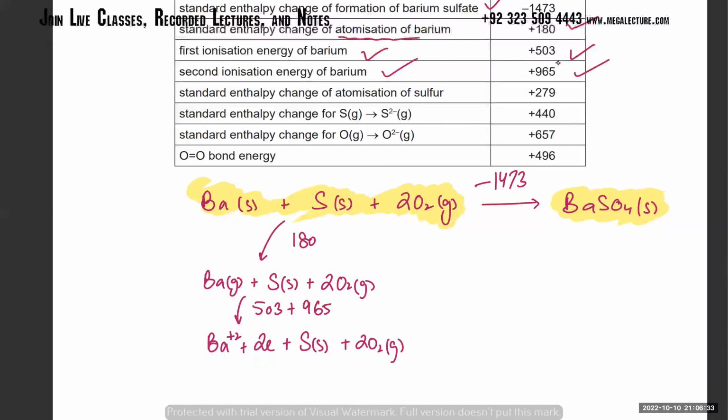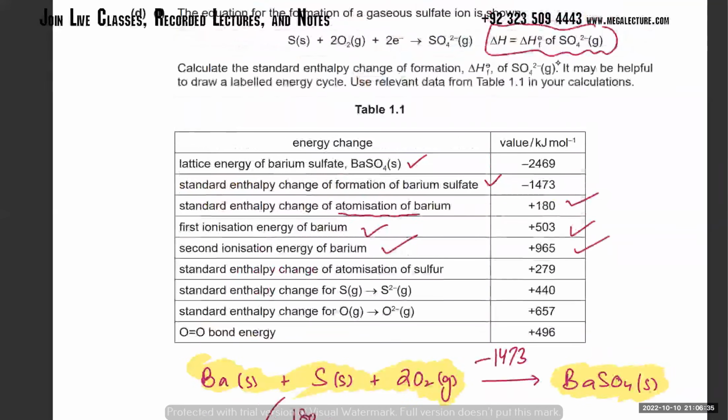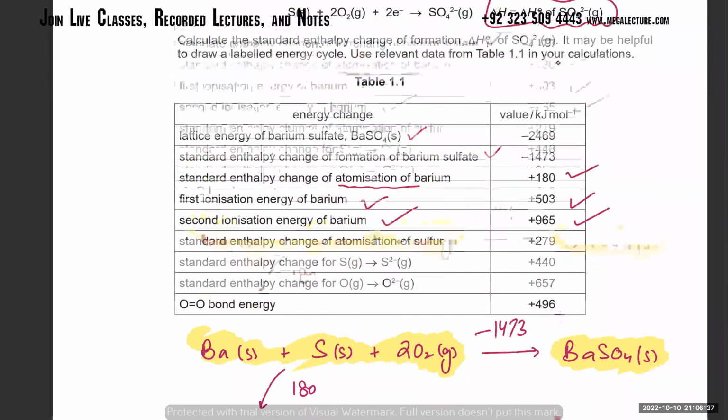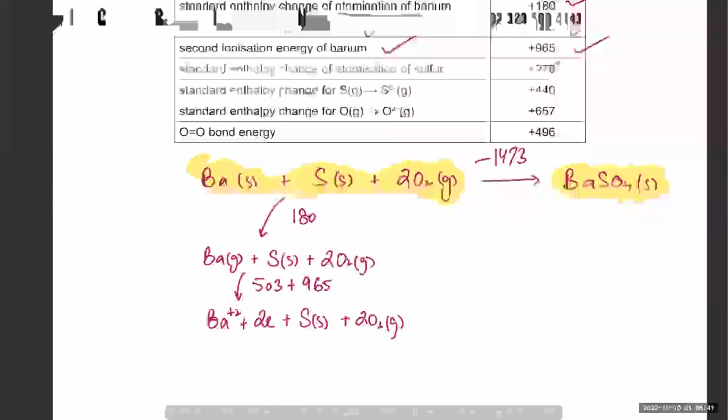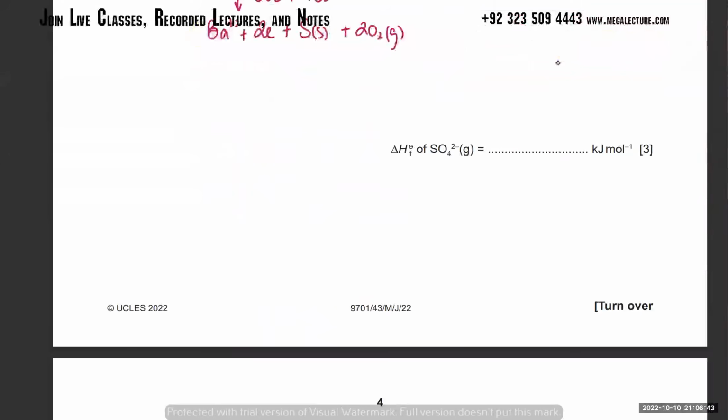Now, here's the thing. What is the Born-Haber cycle, by the way? You have enthalpy of formation, you've got elements. This is the general sketch of a Born-Haber cycle. You have elements in the standard state, and they form an ionic lattice.